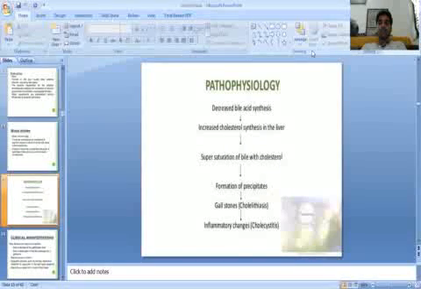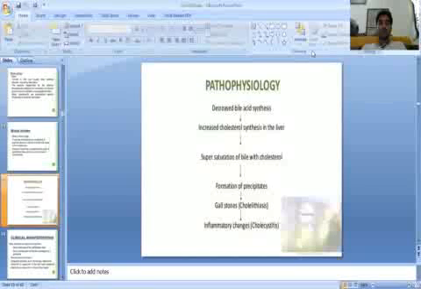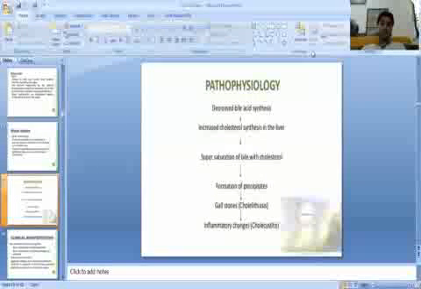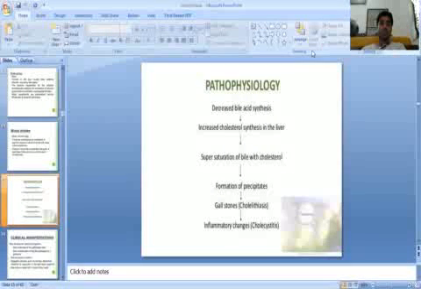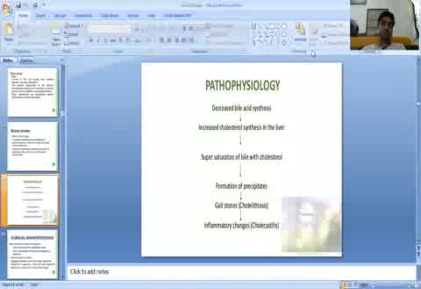In the previous class, we discussed the definition and classification of cholelithiasis. In today's class, we will discuss the pathophysiology of gallstones. Let's begin with pathophysiology.